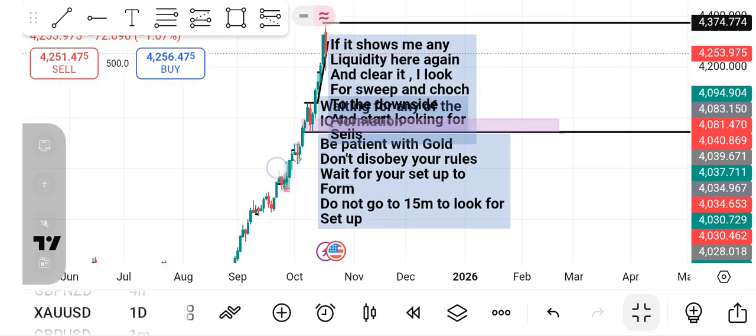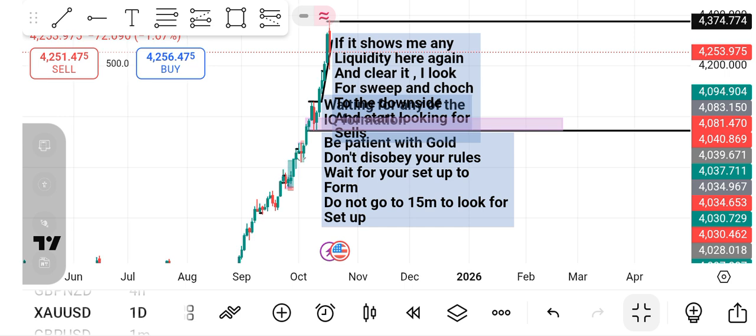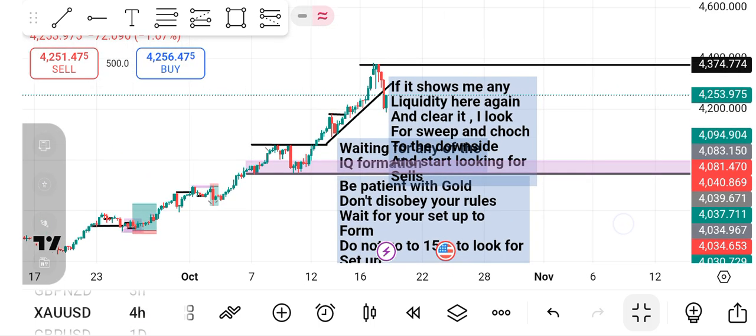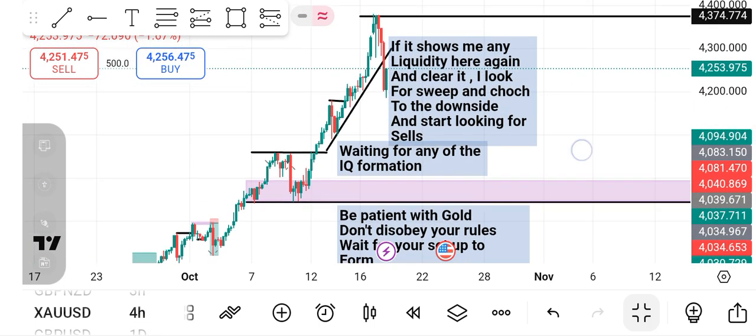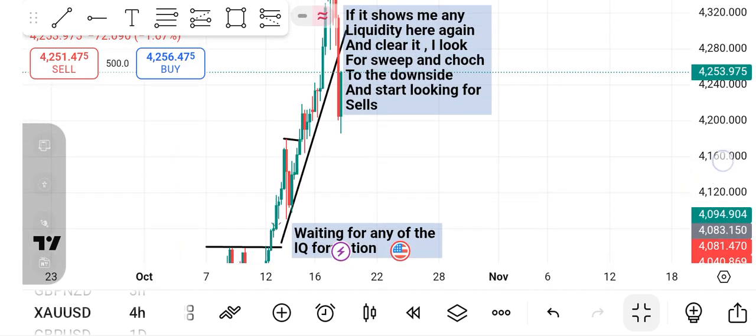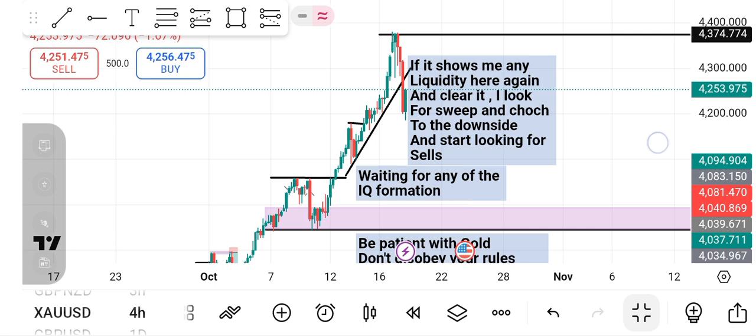Okay, now in daily time frame, there is no way I can try to get a buy on gold, right? Now, what do I do? I go to 4 hour time frame and start looking for a little bit of retracement before I can start buying gold, right?